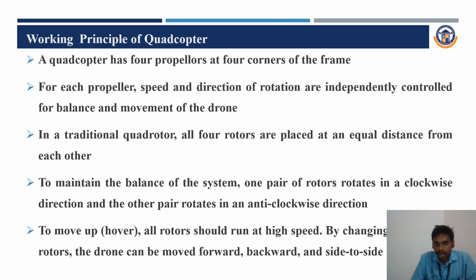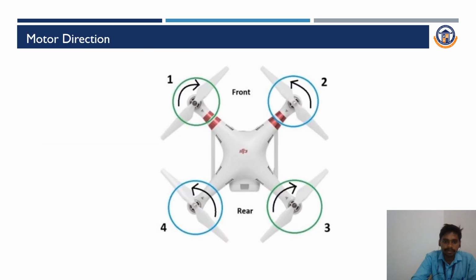If one arm is slightly higher, the aerodynamics will be spoiled, so the drone will collapse or wobble. To maintain balance, one pair of rotors rotates in the clockwise direction and the other pair rotates in the anti-clockwise direction. To move up, all rotors should run at high speed. By changing the rotor speeds, the drone can move forward, backward, and side to side.